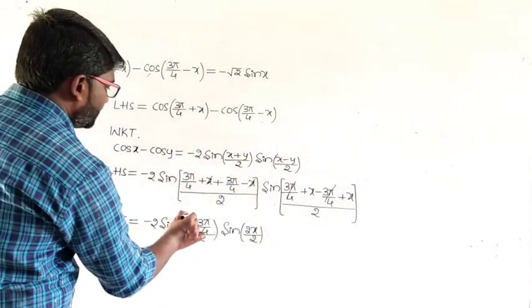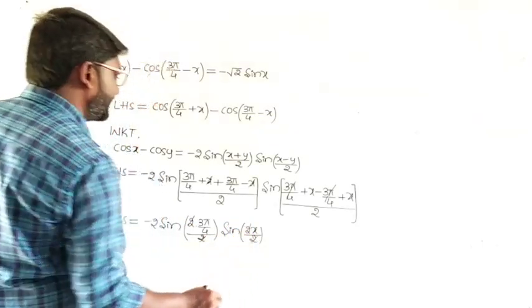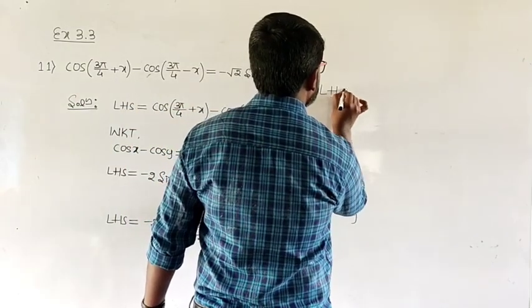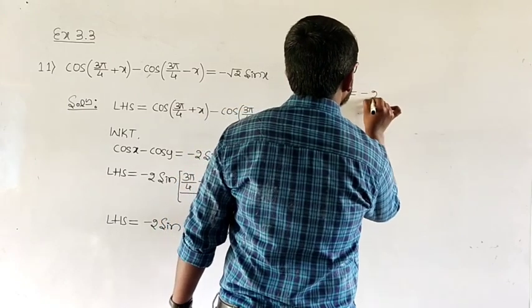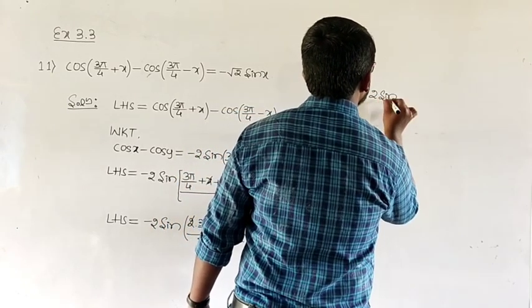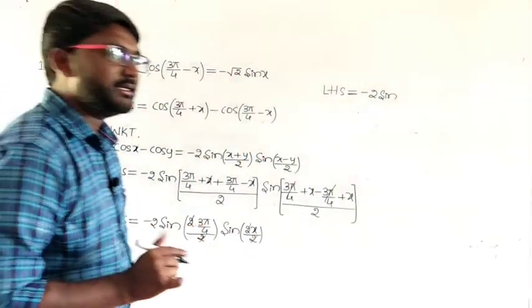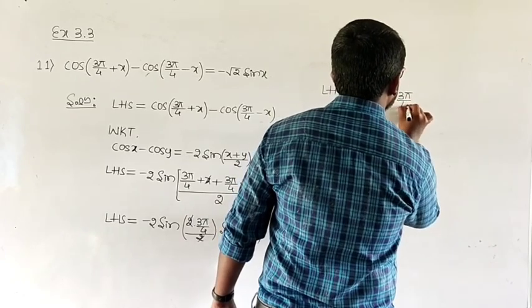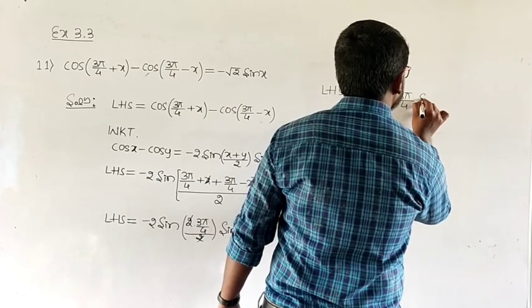Here the 2 and this 2 cancel, and here the 2 cancels. In the next step, left hand side is equal to minus 2 sin 3 pi by 4 into sin x.